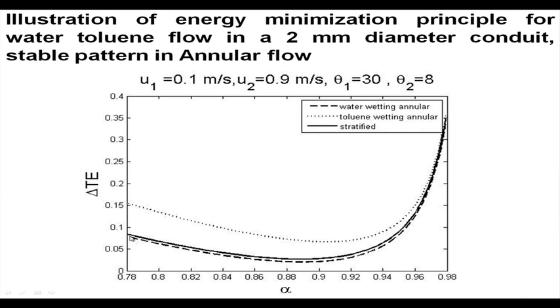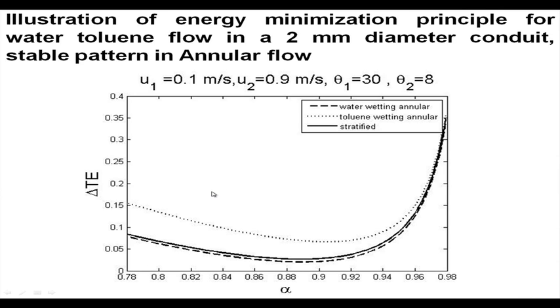Since in this case we have just plotted from 0.78 to 0.98, we find that water wetting annular flow has the minimum amount of energy, and interestingly we find that the difference between stratified and water wetting annular flow decreases as we shift to lower alphas. We have not plotted beyond it, I will be showing it in another slide.